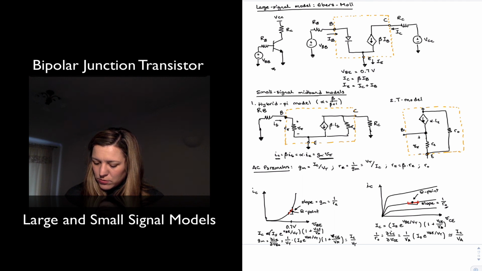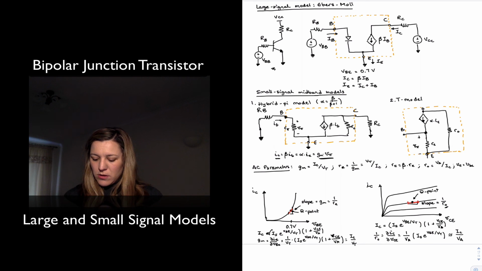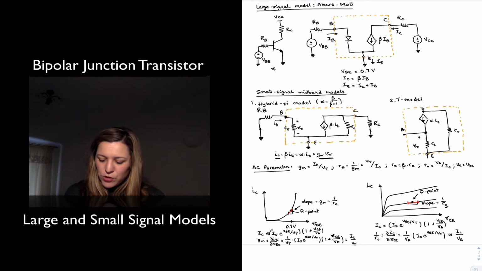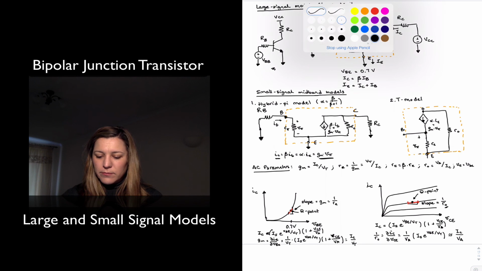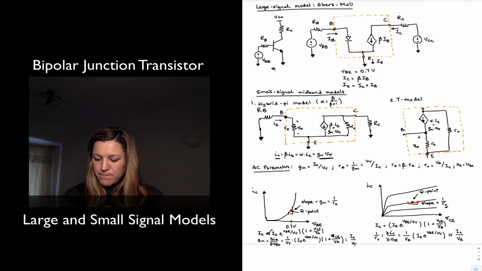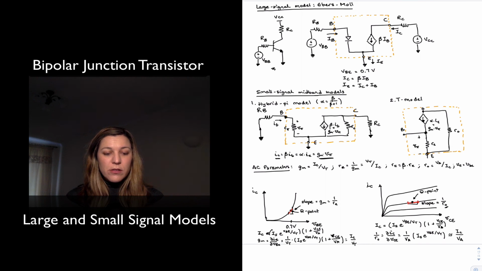RO equal to VA over IC. And I'm going to write V pi being equal to little vbe as our last parameter. And again, I'm going to typically represent my current source as gm times V pi, or little vbe. And the same thing here, gm times V pi. And that's it for the small signal models.